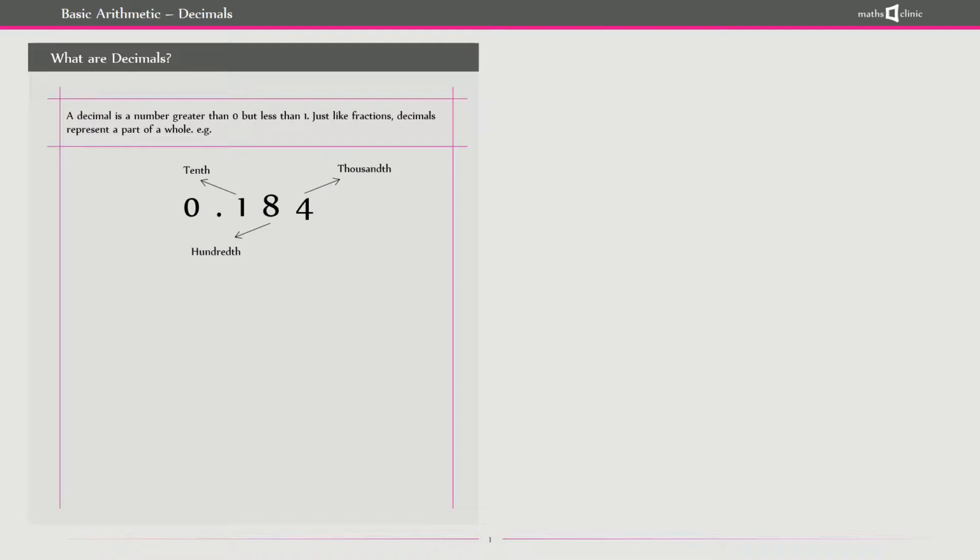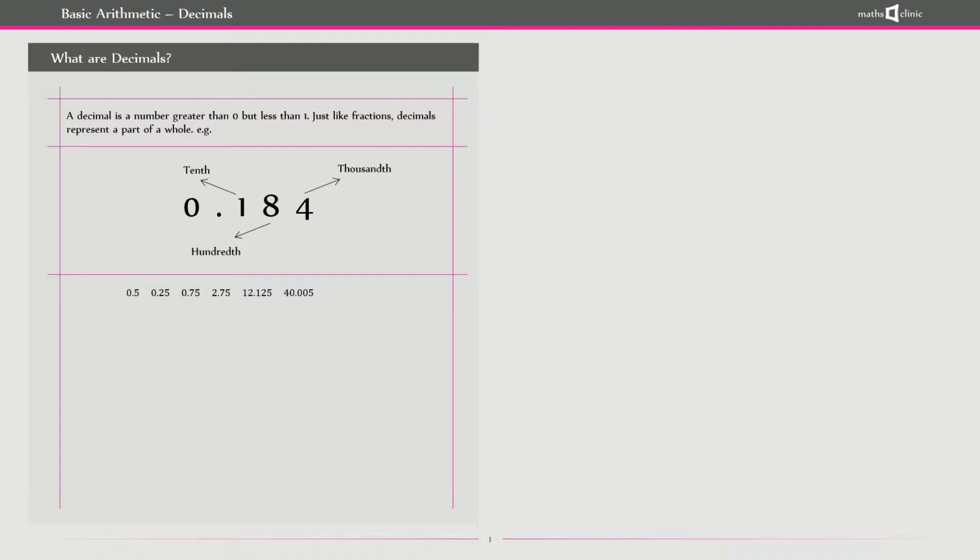So that's a bit about decimals, and here are some examples of common decimals. We have 0.5. 0.5 is the same as 1 over 2. Like I told you, decimals are just like fractions. You can convert between fractions and decimals. 0.25 is 1 over 4, a fourth of 1.